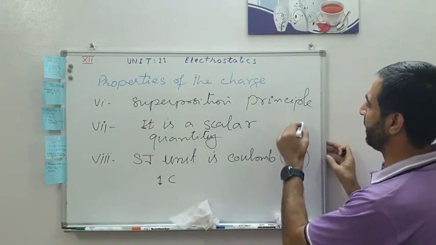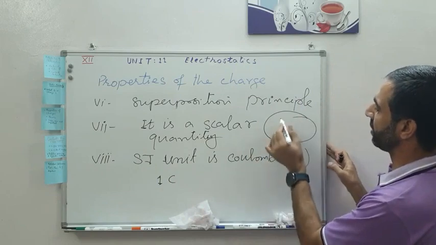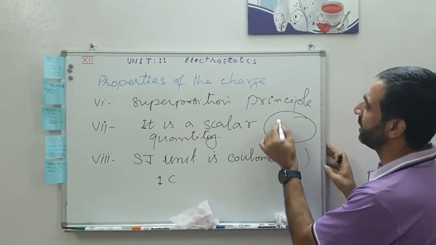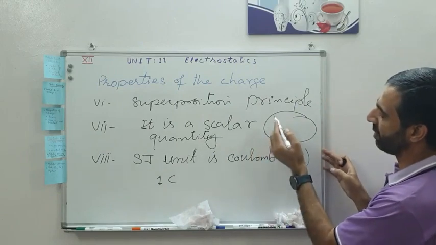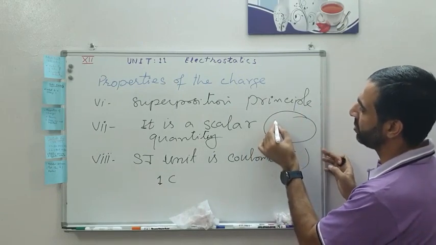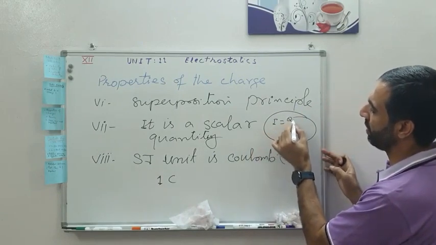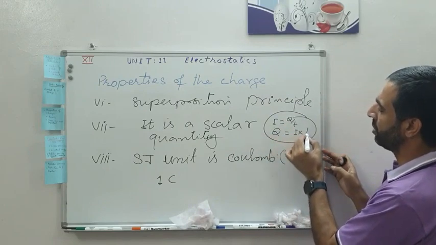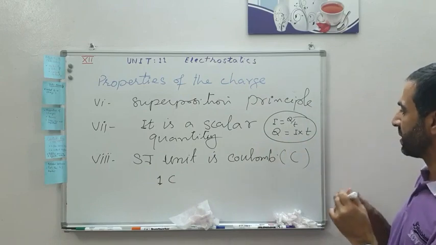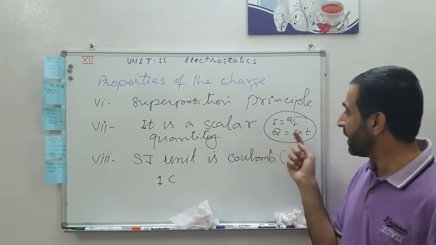You can define it in terms of what you have learned in class 10, the most basic, electric current. You know electric current is Q by T, so Q is equal to I into T.